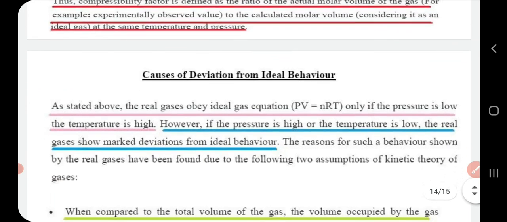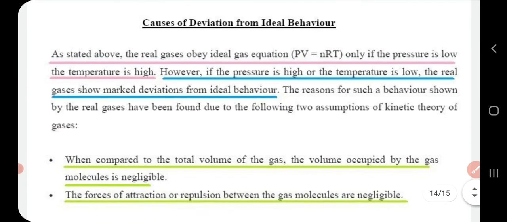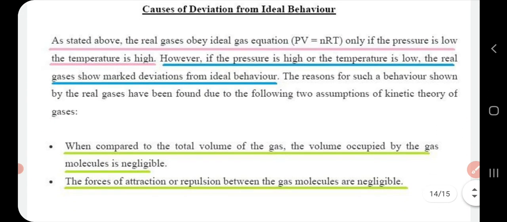Now the causes of deviation from ideal gas behavior. As stated above, a real gas obeys the ideal gas equation PV equal to nRT only if pressure is low and temperature is high. This condition is repeated every time, that is, a real gas behaves like an ideal gas only at high temperature and low pressure. However, if pressure is high or temperature is low, then what happens?